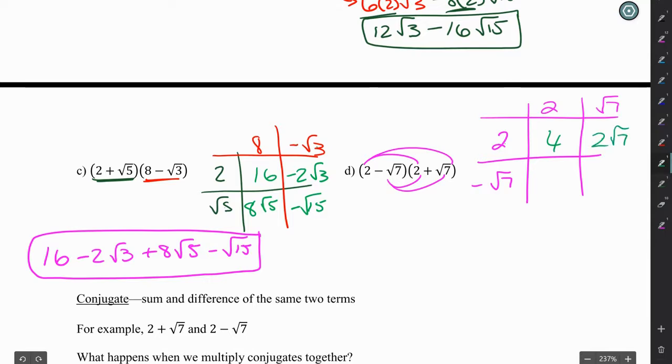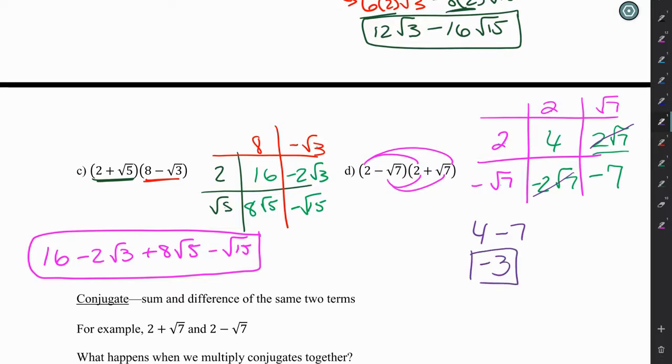We just kind of mush them. Here would be 2 and negative root 7, so negative 2 root 7. And then negative root 7 times root 7 would actually be just negative 7 because the 2 square roots cancel out. Now, when I look at what's in my box, 2 root 7 and negative 2 root 7 cancel, so we get 4 minus 7, which would be negative 3.